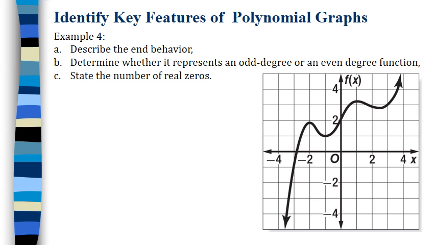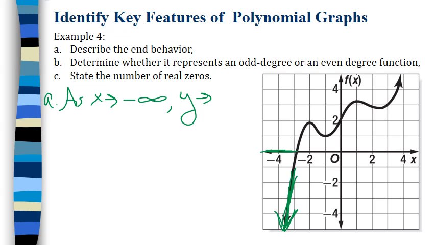Okay, so let's do an example. If I were to describe the end behavior of this graph, I look, and as we're going to the left, this function is going down. So for part A, as x approaches negative infinity, so that means as the function goes off to the left, y is going farther negative.